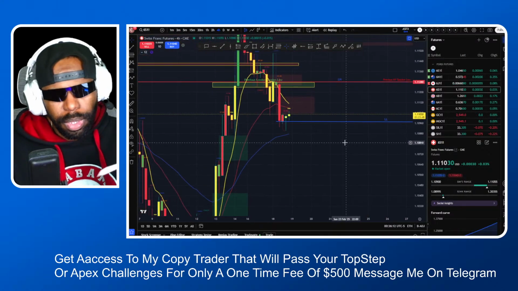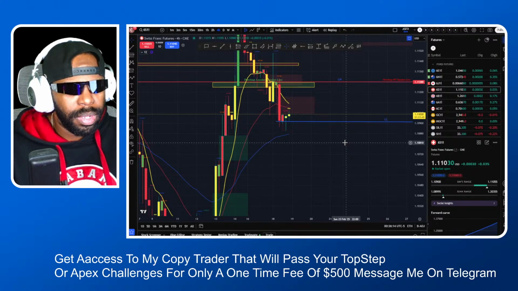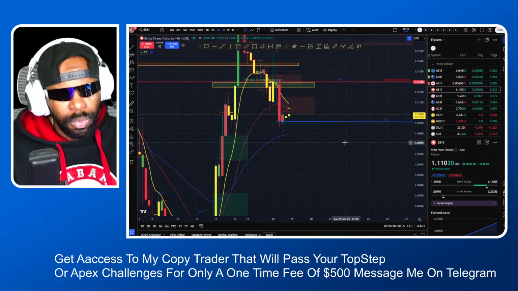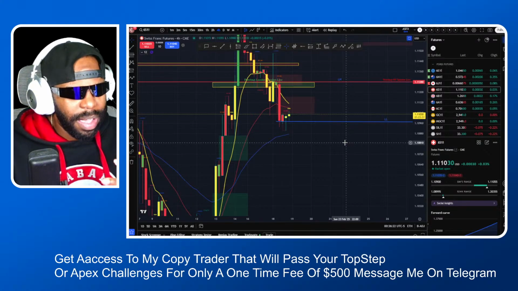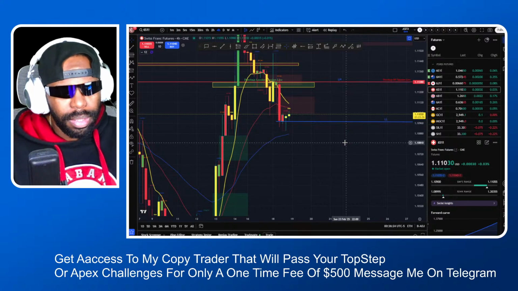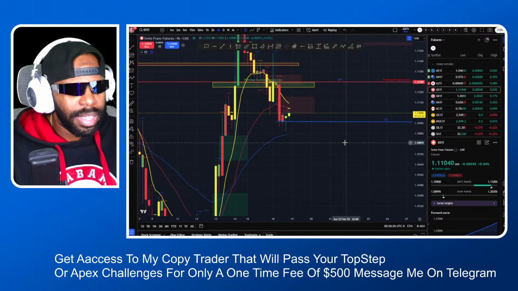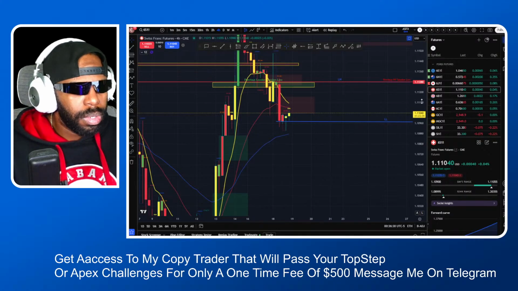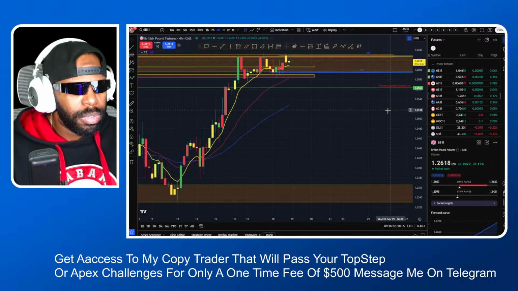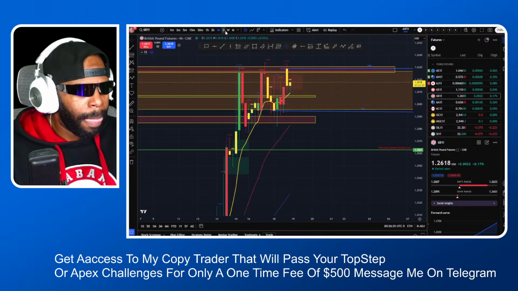Same thing as the Japanese yen: we got the 4 hour bearish, the weekly bearish, and the daily bullish. Like I said, as long as you have at least 2 time frames in sync, then I go with that trend.